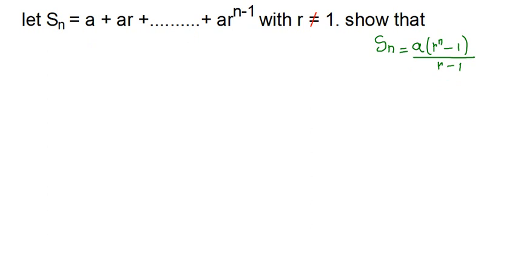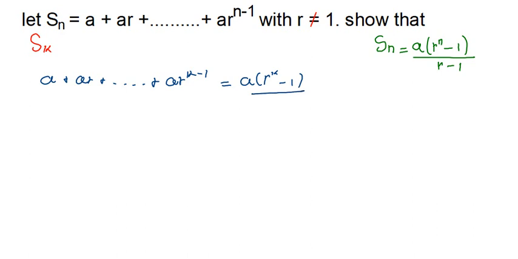So I'll indicate s sub k, and the rest I'm going to write down. I have a plus ar plus, then this space here, then ar to the power k minus 1. We say this is equal to a, then r to the power k minus 1, divided by r minus 1.